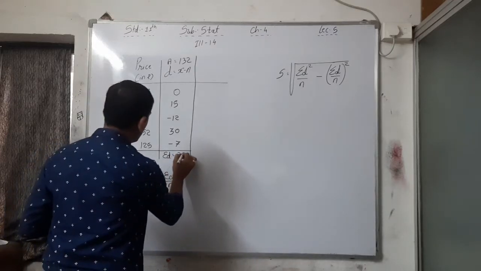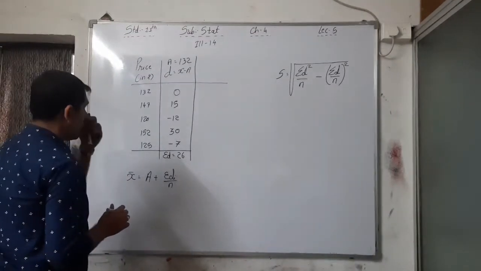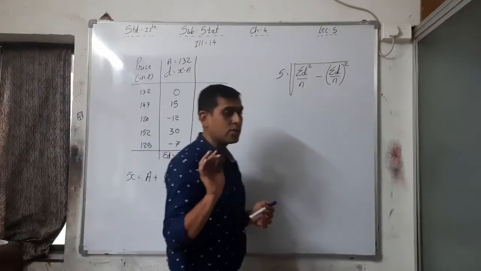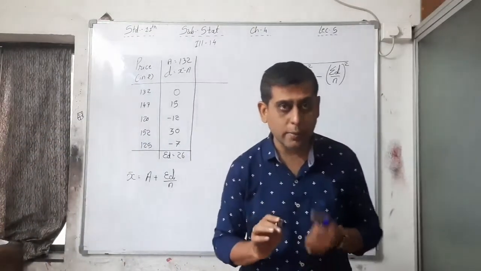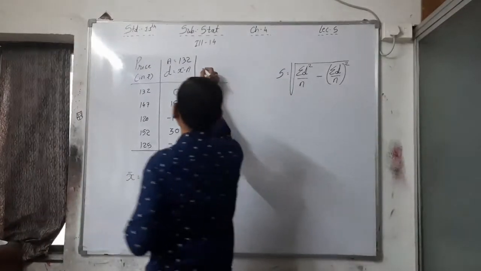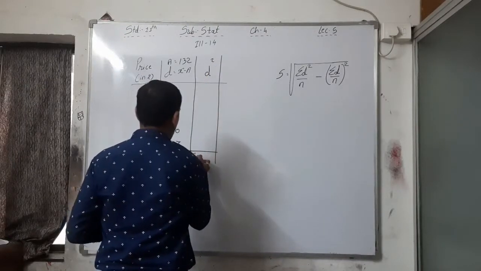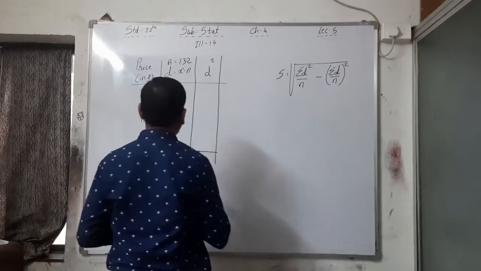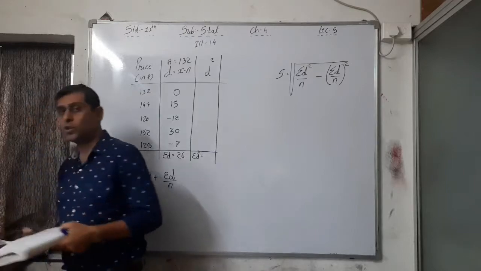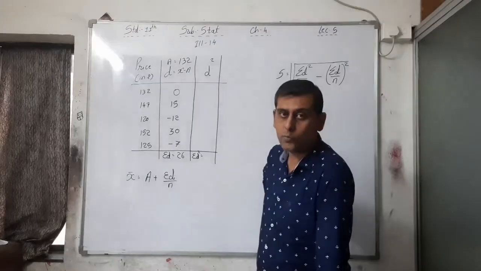16 is your answer. Okay, now d square. What is your d square? See, you have to do this by yourself, compulsory. Please do that. Here we have to find out the d square, and then you have to find out sigma d square. 0 square, that is 0. Then 15 square, 225.